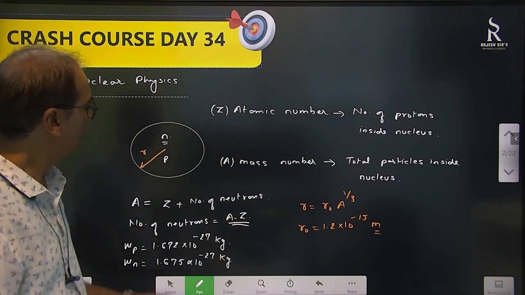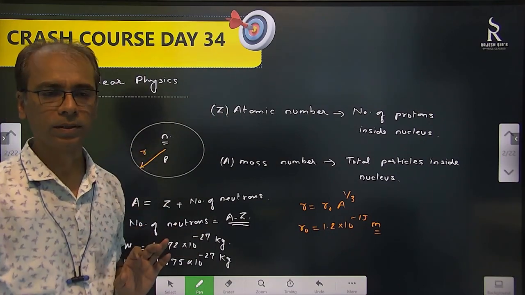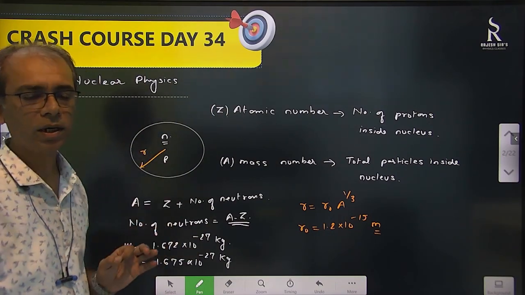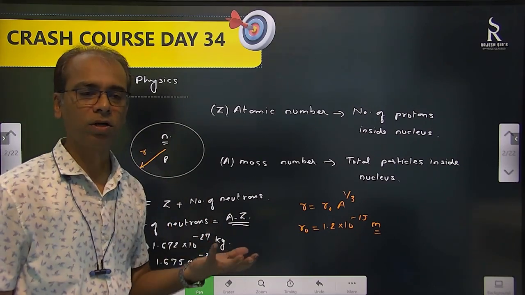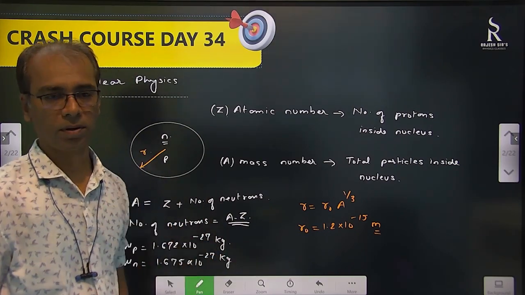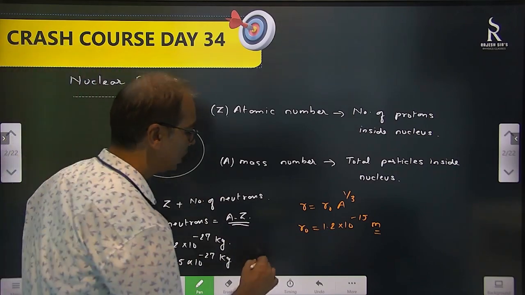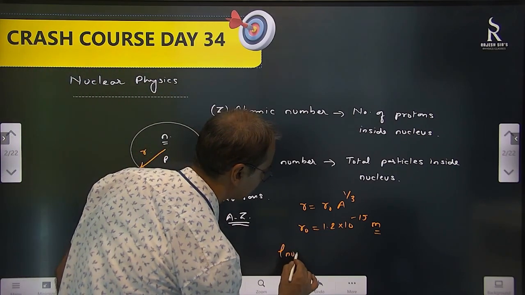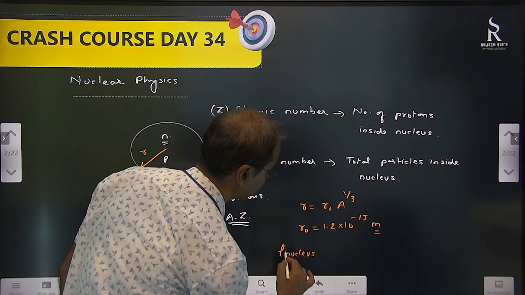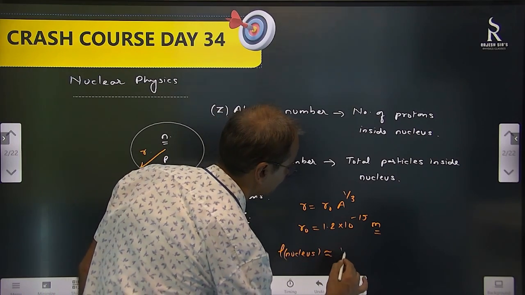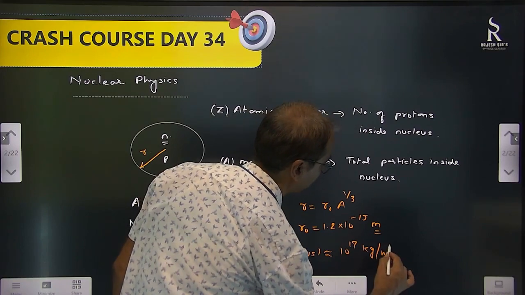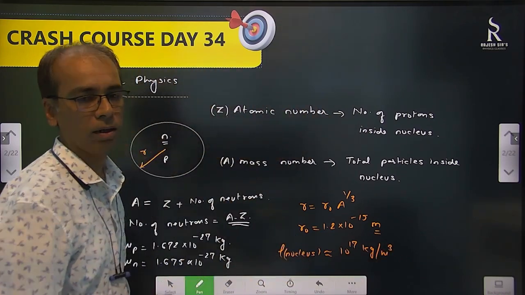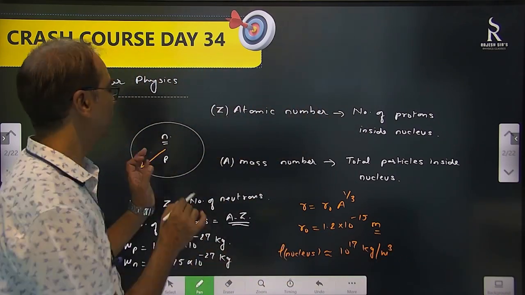Then what about the density of this nucleus? Density of the nucleus doesn't depend on the element. It doesn't depend on atomic number or mass number. Density of the nucleus is approximately 10^17 kg per cubic meter. It doesn't depend on which element we are talking about.